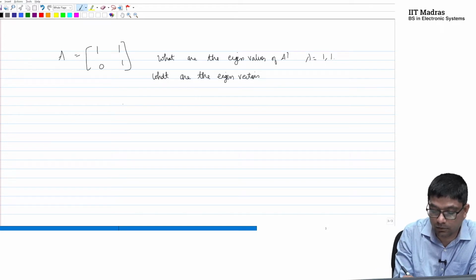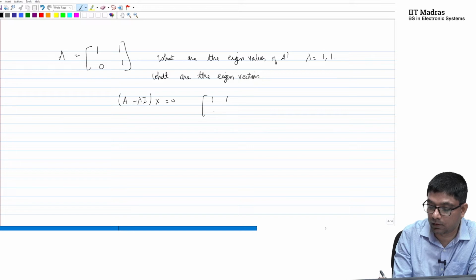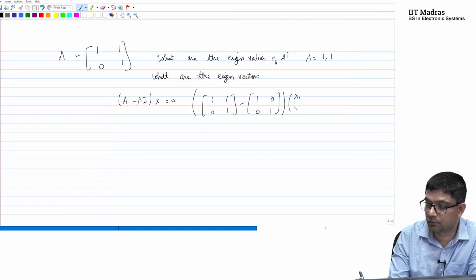Okay, so I'll just do A minus lambda I times x equal to 0. A is 1, 1, 0, 1 minus lambda I, with lambda equal to 1. So I'll have 1, 0, 0, 1 times, say, the set of all vectors x1, x2 equal to 0. This will lead to 0, 1, 0, 0, times x1, x2 equal to 0.